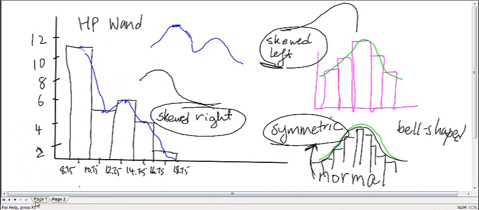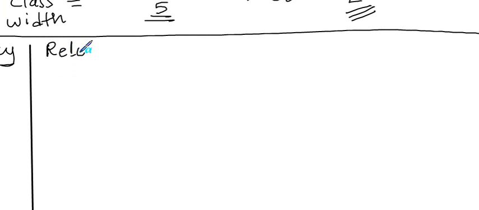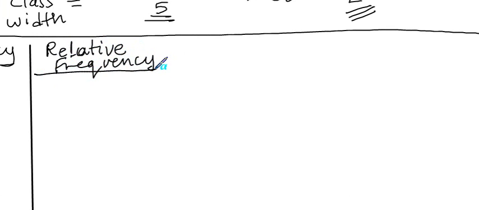Let us do another kind of distribution, or a frequency distribution. Okay, and I want to look at something called the relative frequency. Okay, now what relative frequency does is, instead of putting the raw numbers, it'll put percents.